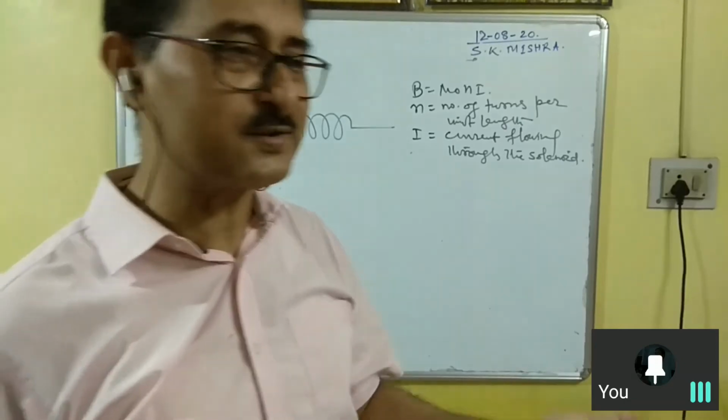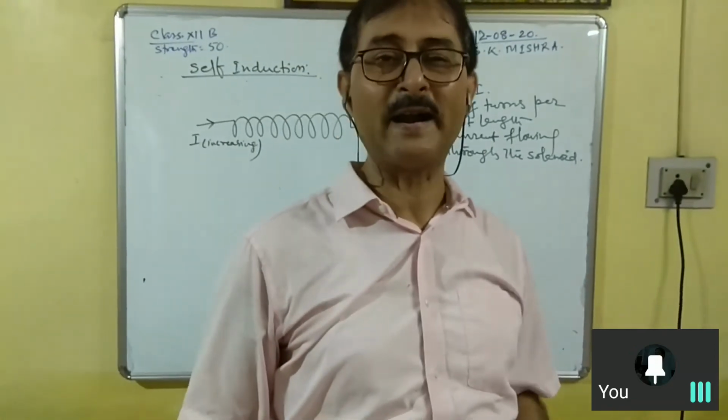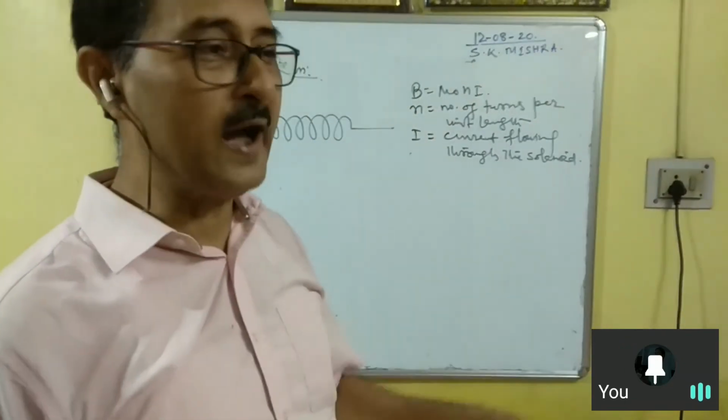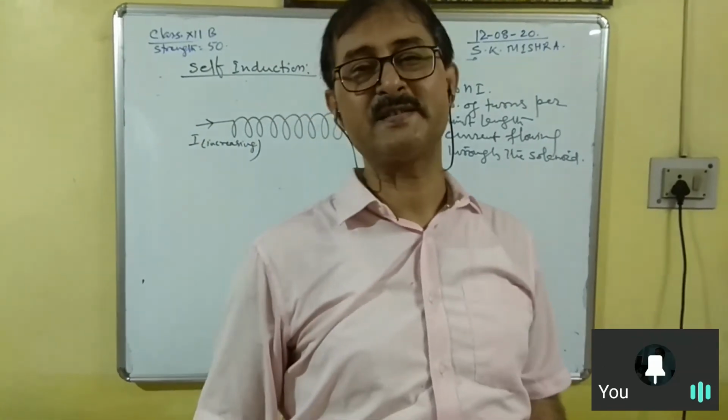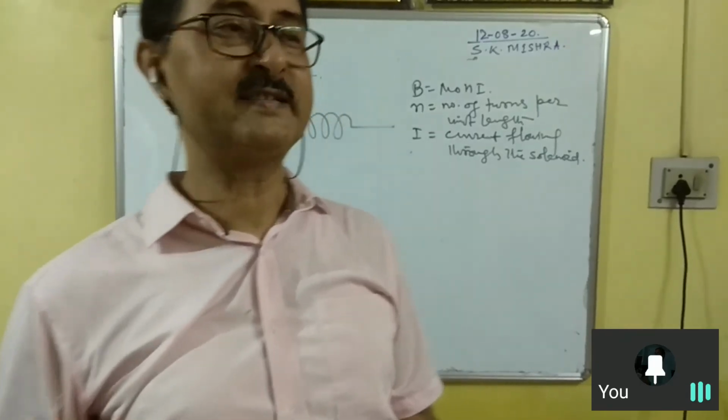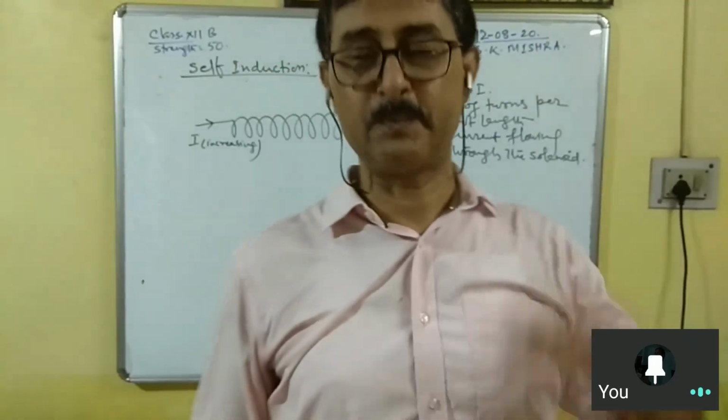According to Faraday's law, whenever there is a change in magnetic flux linked with a coil, an induced EMF is produced. And when the circuit is closed, induced current will be produced.